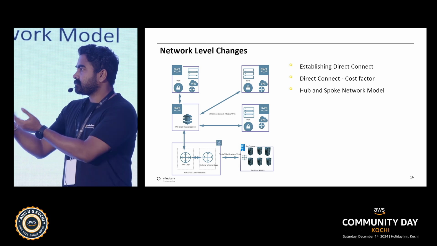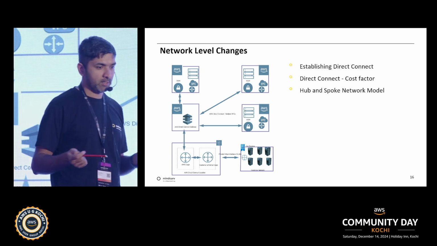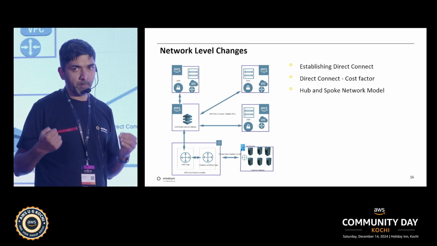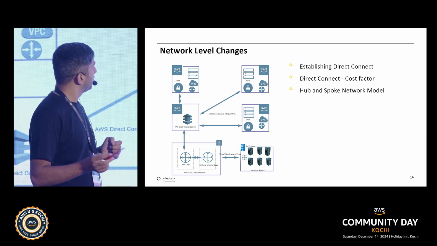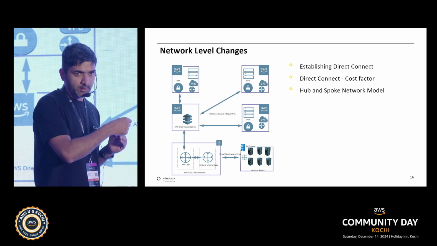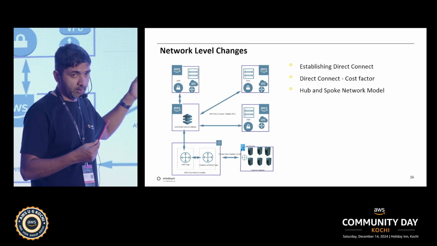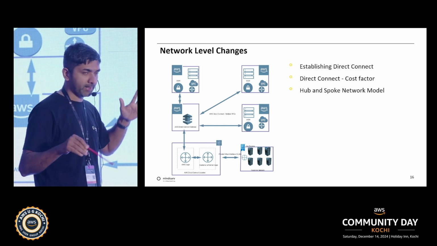Then, yes. Now let's see what network level changes we planned and implemented. Here you can see that we have multiple AWS accounts, one for each environment: dev, test, ACC, prod, like that.